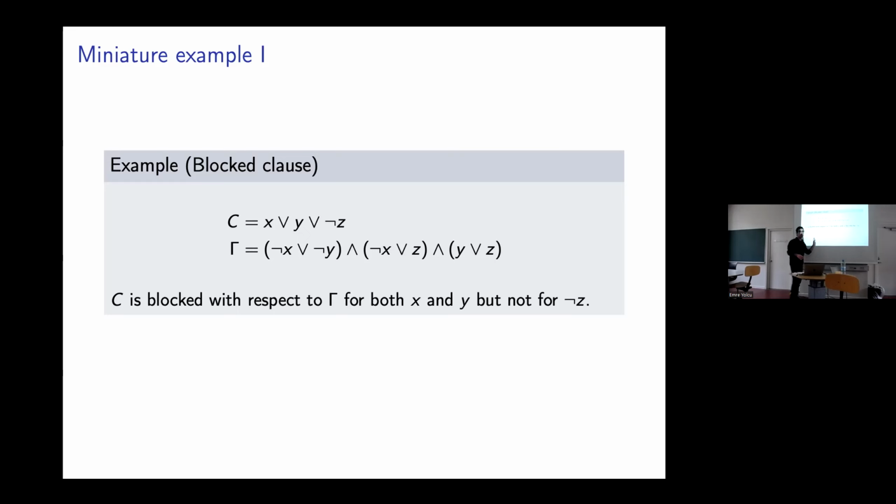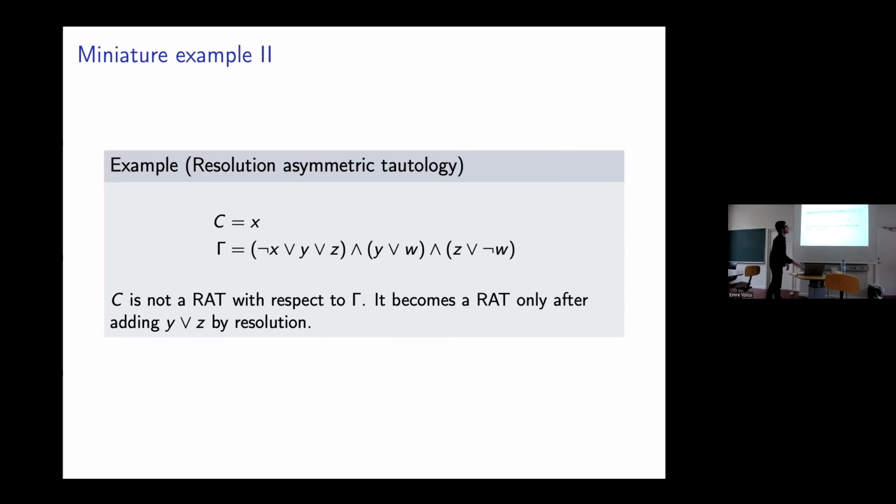So BC has this property that you can think of it as a pre-processing system, in that you add some blocked clauses and you do all you can, and then the rest is a resolution derivation. So RAT is different in the sense that we have a clause here that is not RAT, but it will become RAT after you do some resolution.